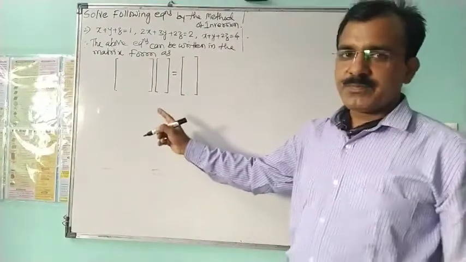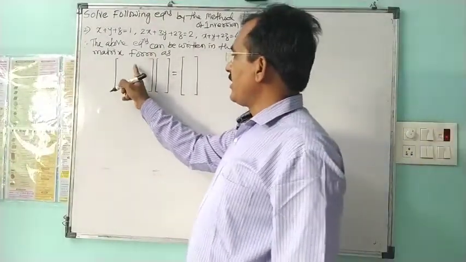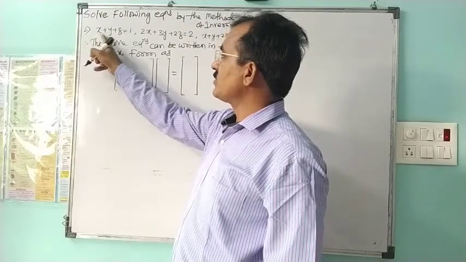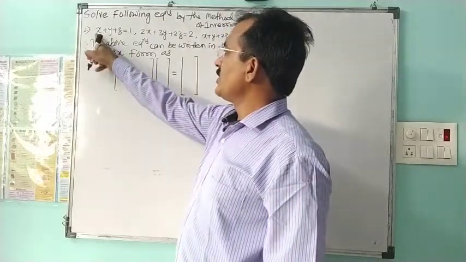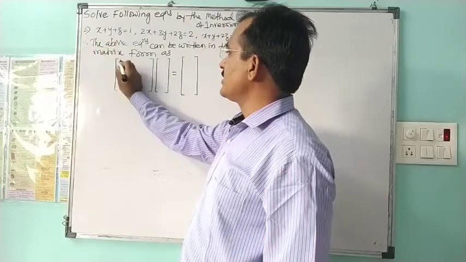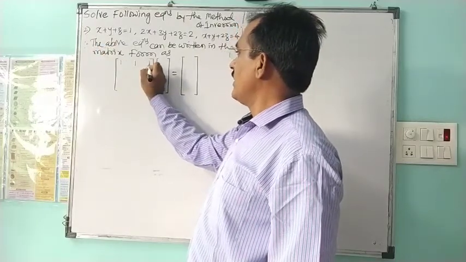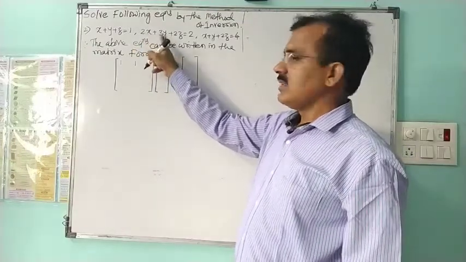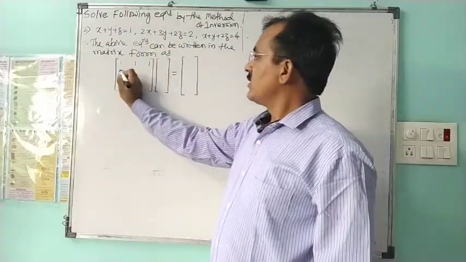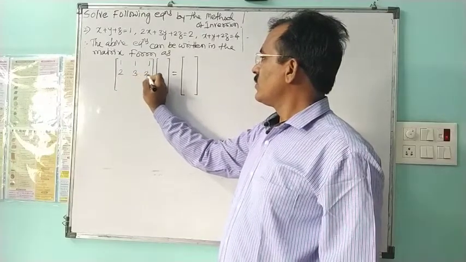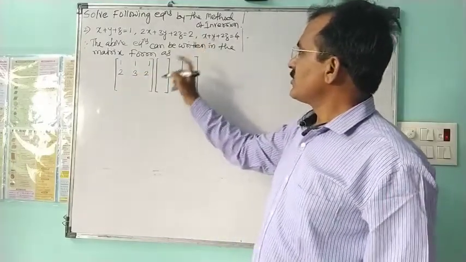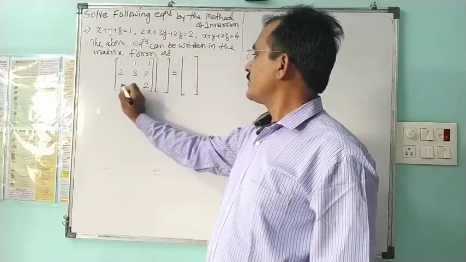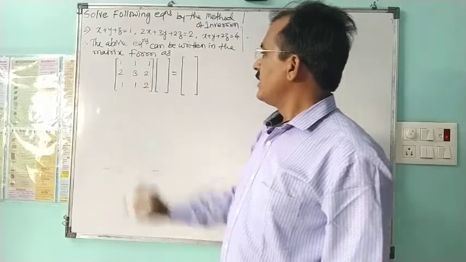In left hand side we are using the matrix of coefficients. That means from first equation we write the coefficients of x, y, z in first row. So coefficients of x, y and z from first equation are 1, 1, 1. From second equation coefficients of x, y, z are 2, 3, 2. And from third equation coefficients of x, y, z are 1, 1, 2.